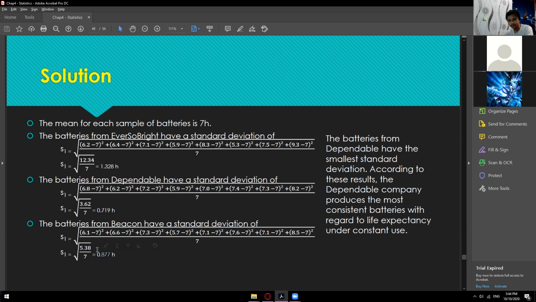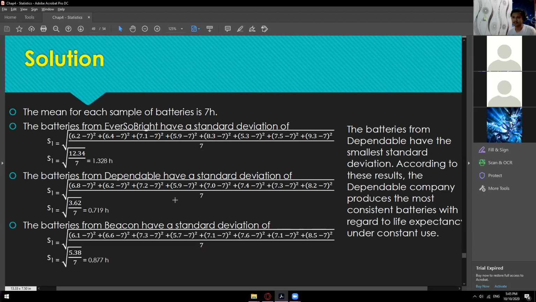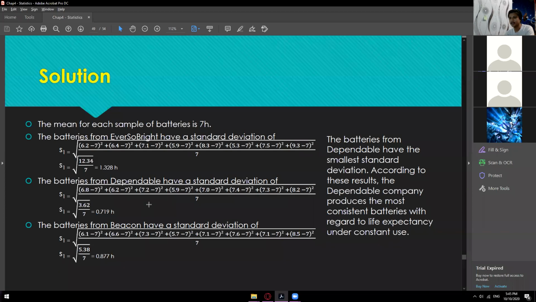Again, the lower the deviation, the better. So which is the lowest of the three? I hope you can see it. Let me enlarge it, maybe some of you are using a cellphone. So which is the lowest? Sir, Dependable. Dependable, which is 0.719 hours.